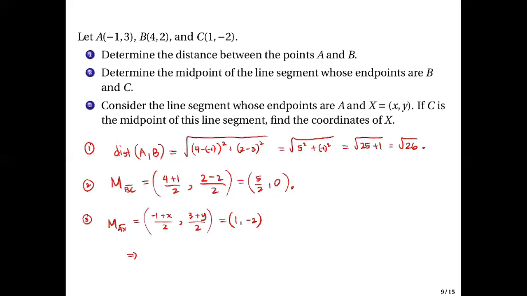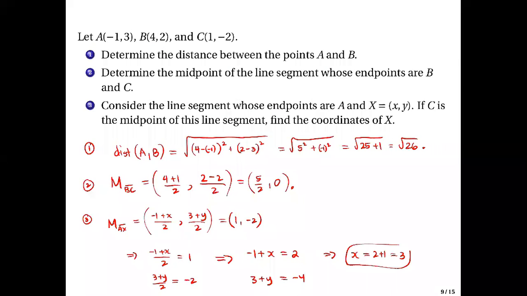So what does this mean? You have negative 1 plus x over 2. This must be equal to 1. And 3 plus y over 2. This must be equal to negative 2. Or in here, we have negative 1 plus x. That should be equal to 2. 3 plus y. This should be equal to negative 4. Which means that in here, we will have x equals 2 plus 1, which is equal to 3.